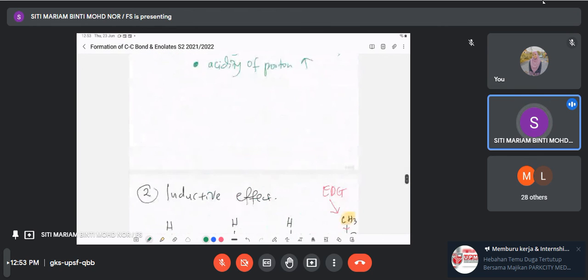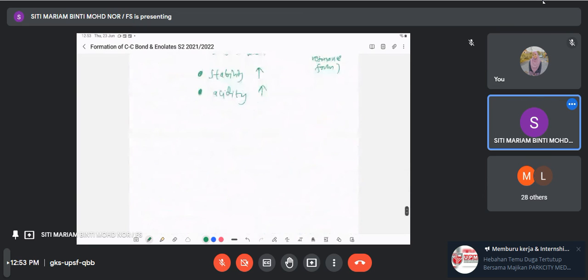So the last thing is the mechanism for the Wittig reaction. I need to go down. Let's say I have this carbonyl compound, a ketone.